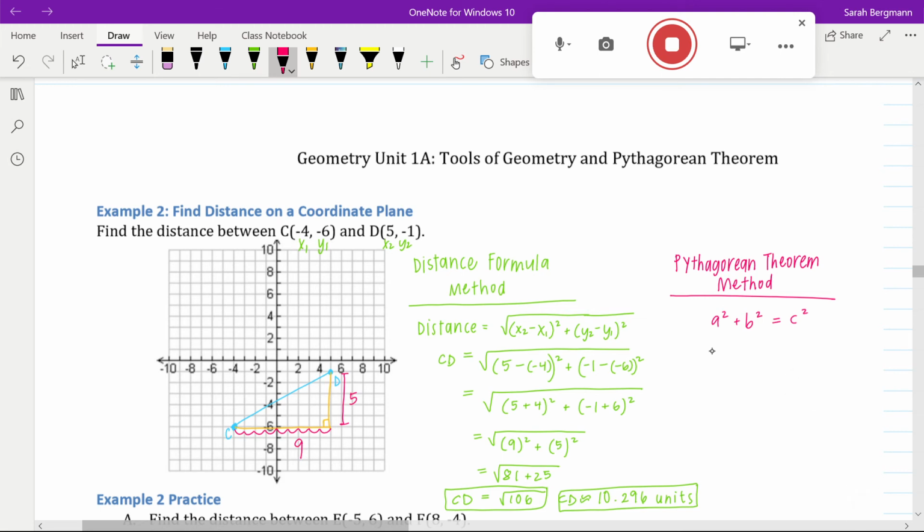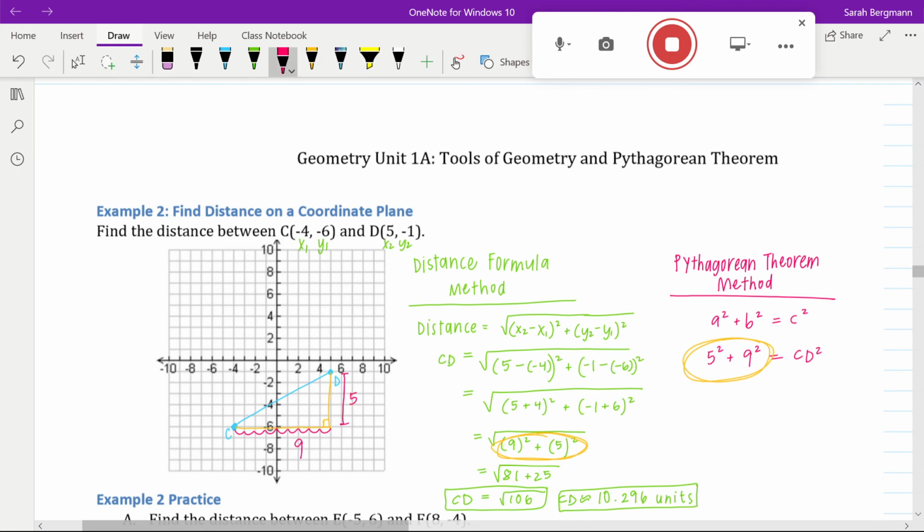So my A and B values, remember, are the legs, so it doesn't matter what order we put them in. I have 5 squared plus 9 squared equals CD squared. Notice here, we have the same exact thing that we had in the distance formula method. 5 squared plus 9 squared, or in other words, 9 squared plus 5 squared.